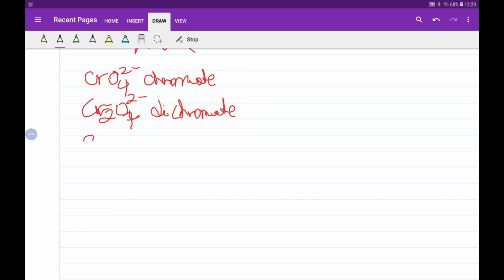Then we have one more metal center, MnO4 minus, and that's permanganate.